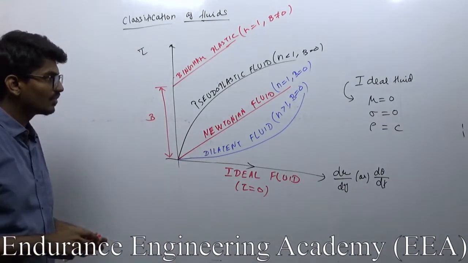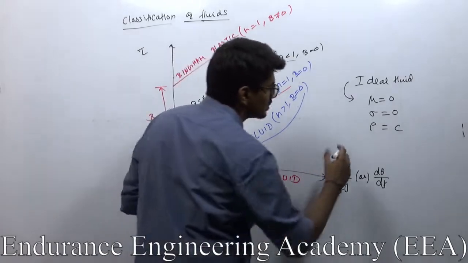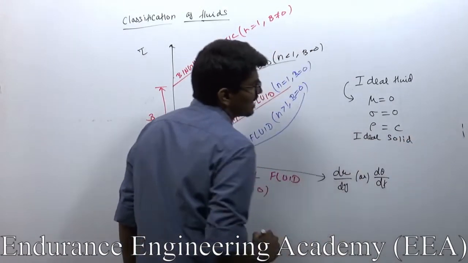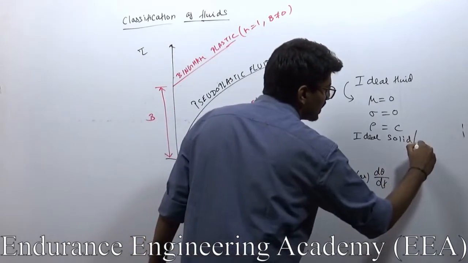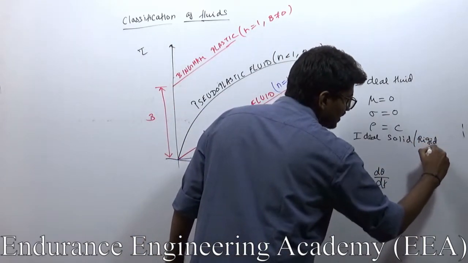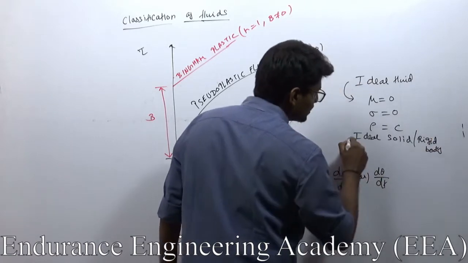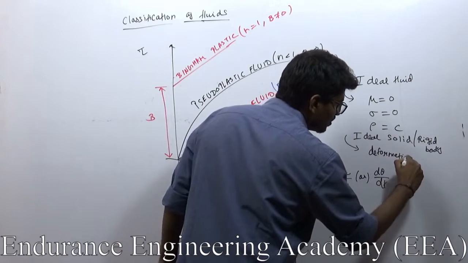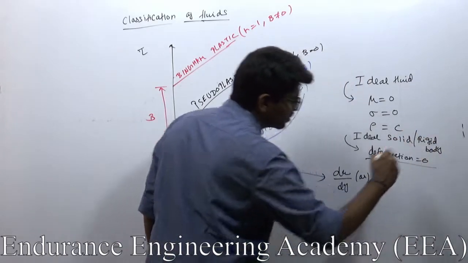Now for another case. It's not a fluid, it's a solid, the ideal solid. In engineering mechanics, we discuss this ideal solid, also called a rigid body. Rigid body means there won't be any deformation, deformation is equal to 0.